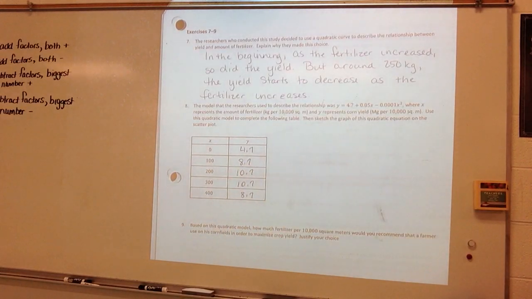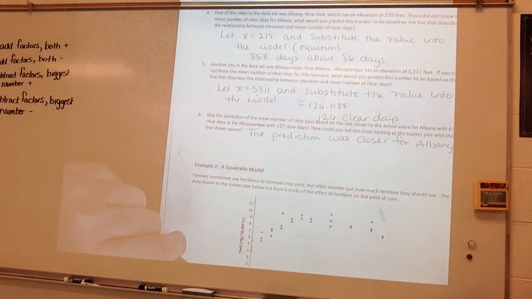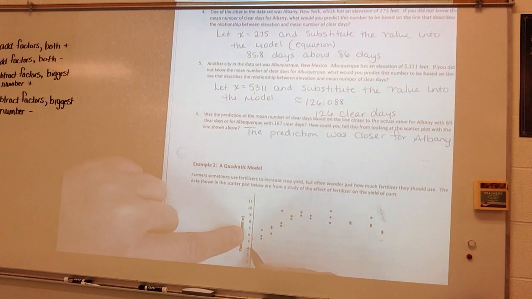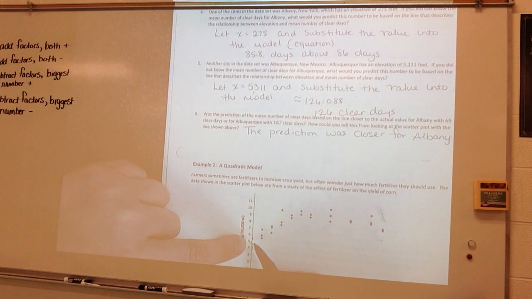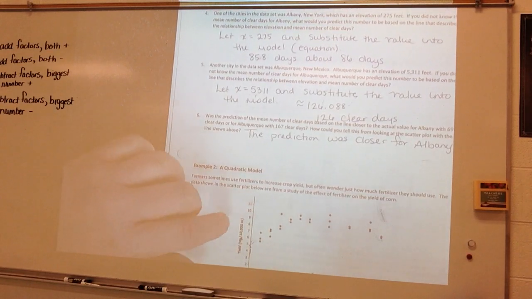All right. So now it says go back to the graph and let's plot that curve. Well, with x being 0, it was about 4 and 7/10, so my curve's going to start here.